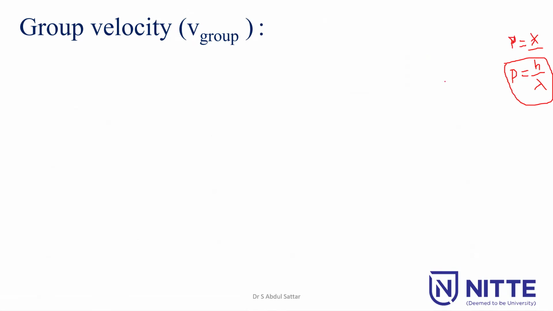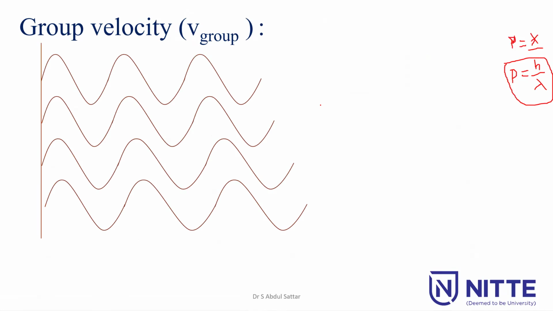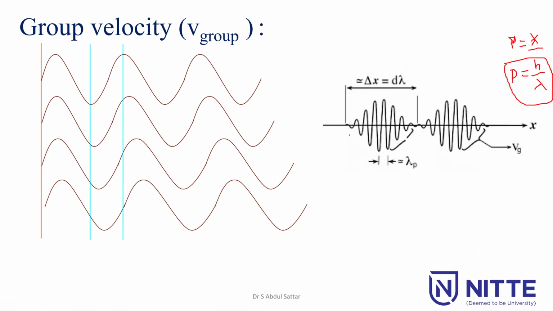So if you want to localize, we can consider a superposition of two or more waves which are slightly different in wavelength. If you take two or more waves like this, they are slightly different in wavelength. See here, the crests and troughs are not matching. Such waves superimposed give a resultant called a wave packet. So this is the wave packet. In this way, we can localize the position of the particle.